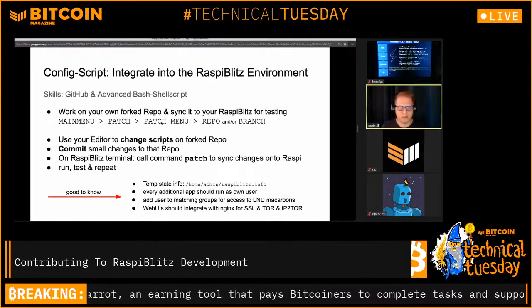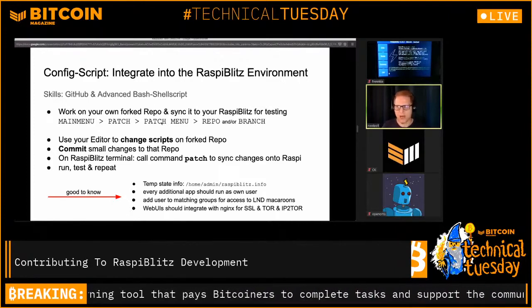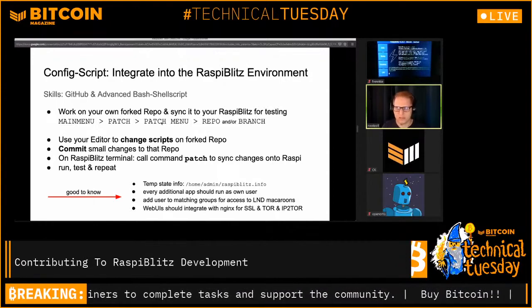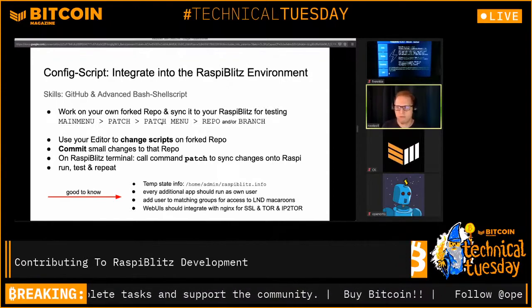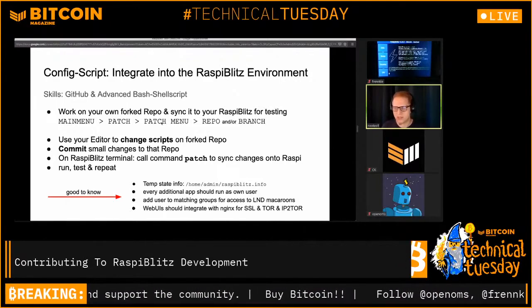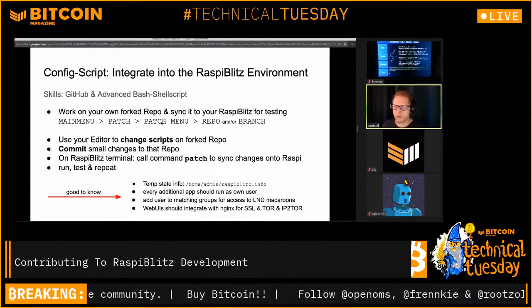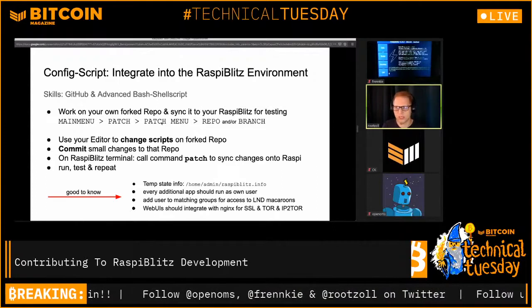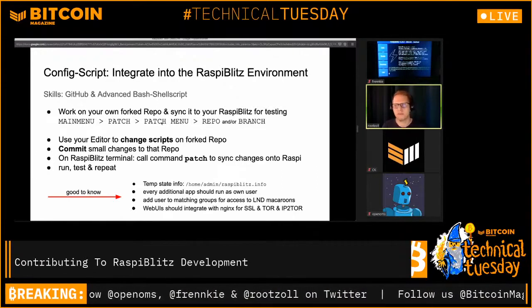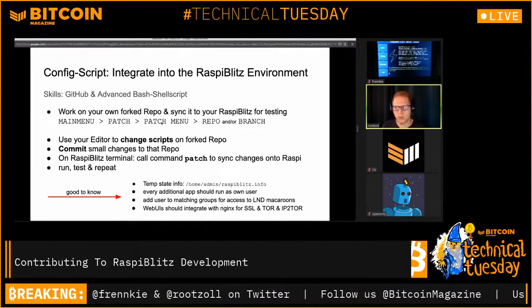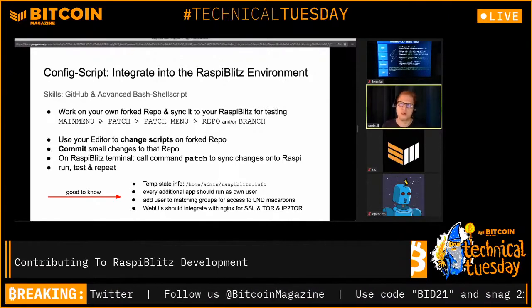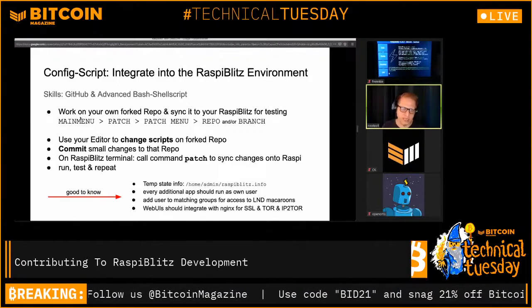So the idea is: I have my fork repo checked out on my laptop, I do my changes there to develop this config script, and then I push it to my forked repo. Then I go to my RaspiBlitz, sync my forked repo with my RaspiBlitz, and try this stuff out to see how it's working. It's not the most sophisticated way to do it, but it's a solid way to do it. And to connect your RaspiBlitz with your forked repo, you can go in the SSH menu.